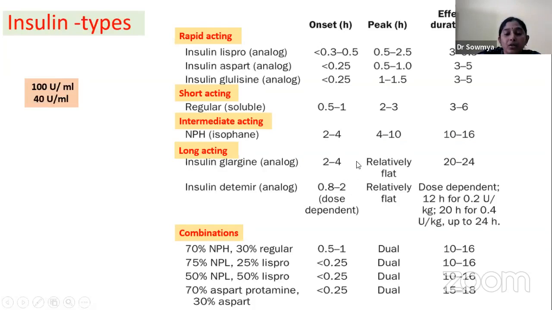The onset of action is around 2 hours, and the duration of action is 20 to 24 hours. In Tresiba, that is insulin degludec, the duration is more than 42 hours. The other combinations are where we mix regular insulin with intermediate insulin in proportions of 70 to 30 percent or 50 to 50 percent, or rapid acting insulin with intermediate acting insulin. So all these combinations can be used.